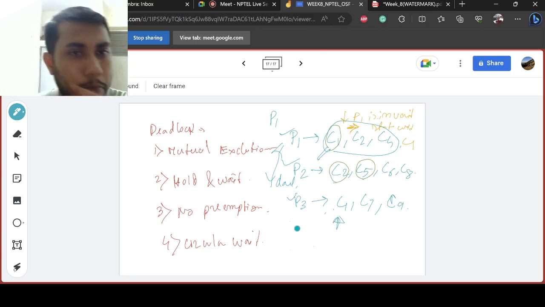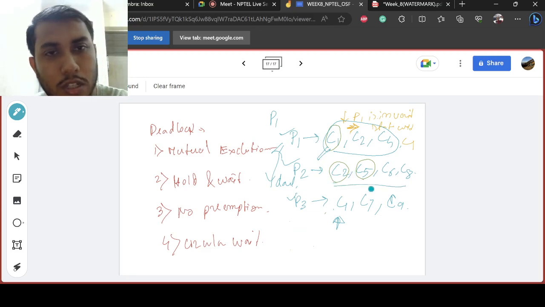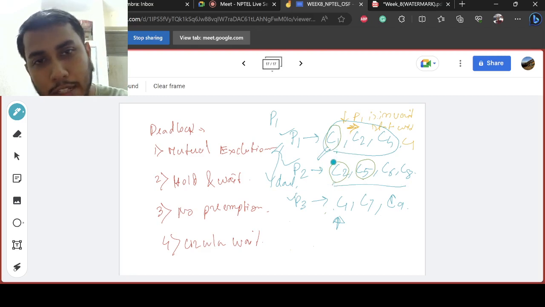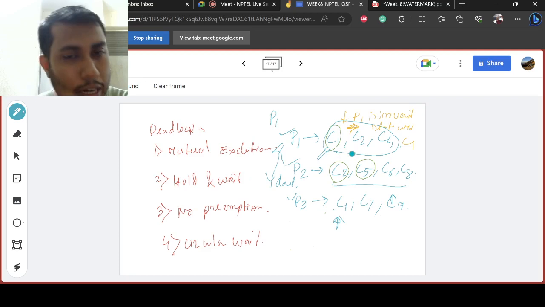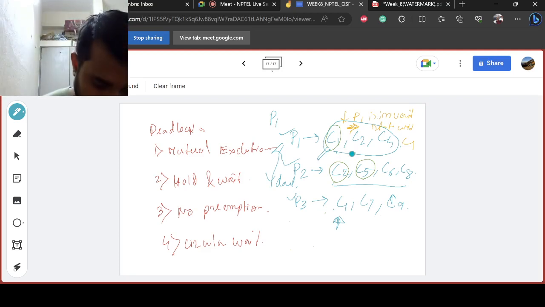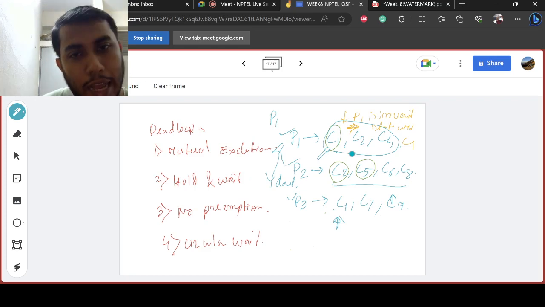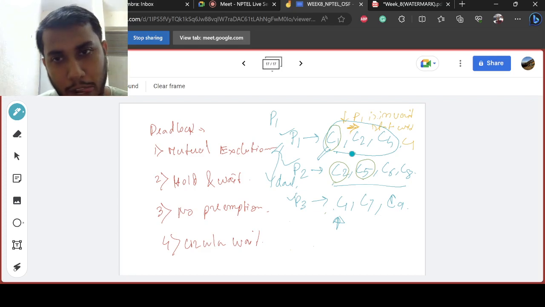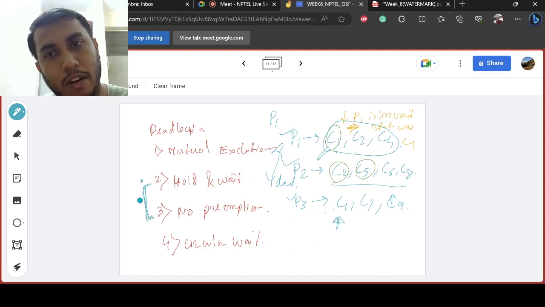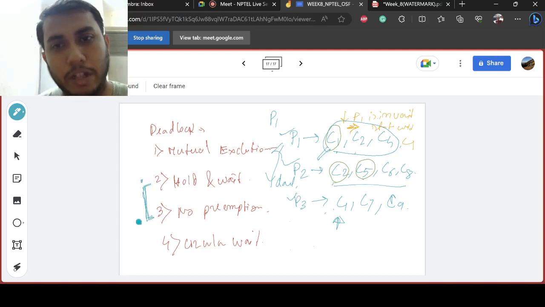Suppose P2 is currently using all these resources, and you come here and request C1, you get C1, but if you request C2 and it is not currently available, you will release C1 and just wait. So these two are very common. Either you are allocated all the resources when you are requesting, or else preempt it. That is what it does.